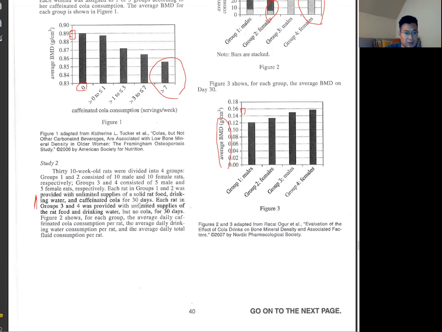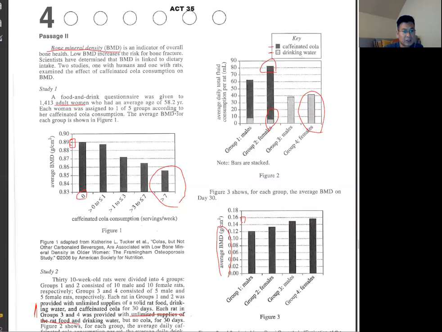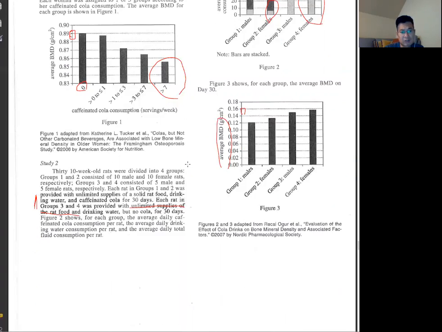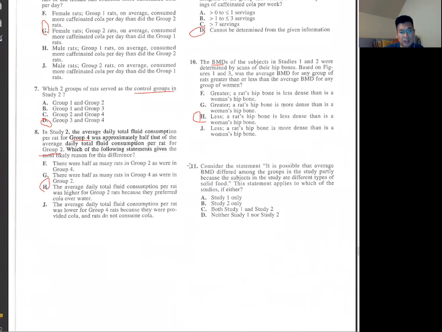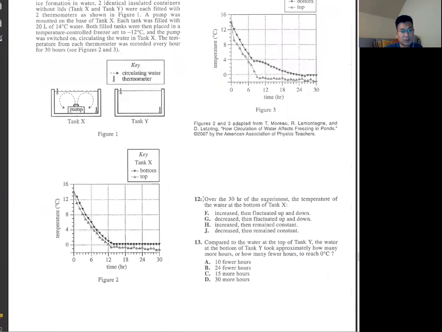And then later part 2, unlimited supply of rat food. So that's controlled for study 2. For study 1, it didn't say much about whatever food they're eating. So that's uncontrolled. That's why it's study 1 only. So it's A. Move on to the next one.